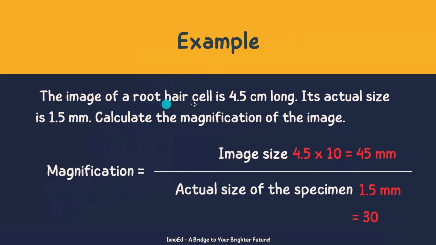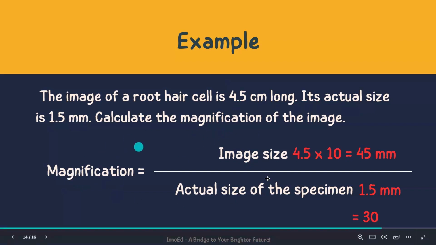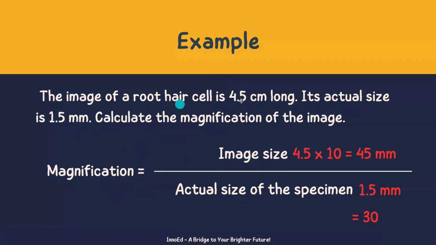The image of a root hair cell is 4.5 centimeters long. Its actual size is 1.5 millimeters. Calculate the magnification of the image. So it gives you the size of the image and the actual size of it. And it asks you to calculate magnification. So you use this equation. But please note that they are not the same unit.